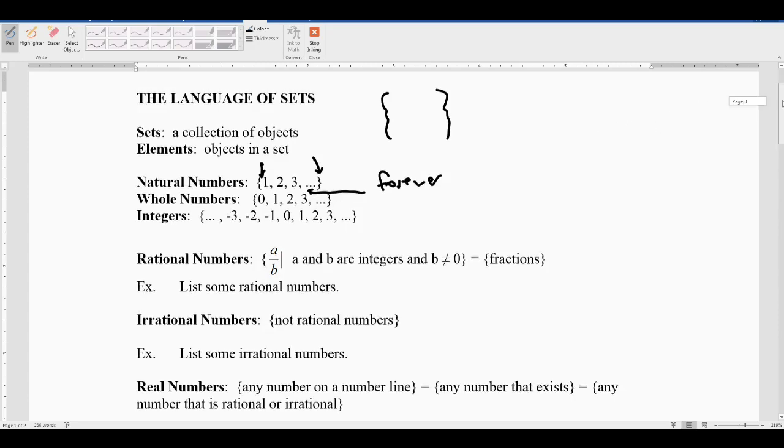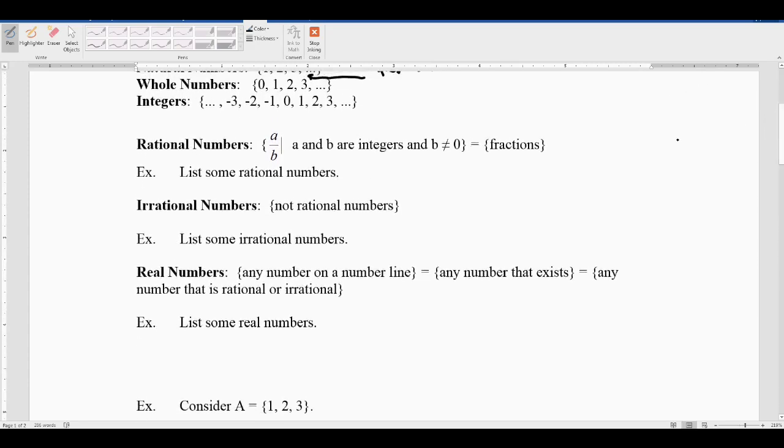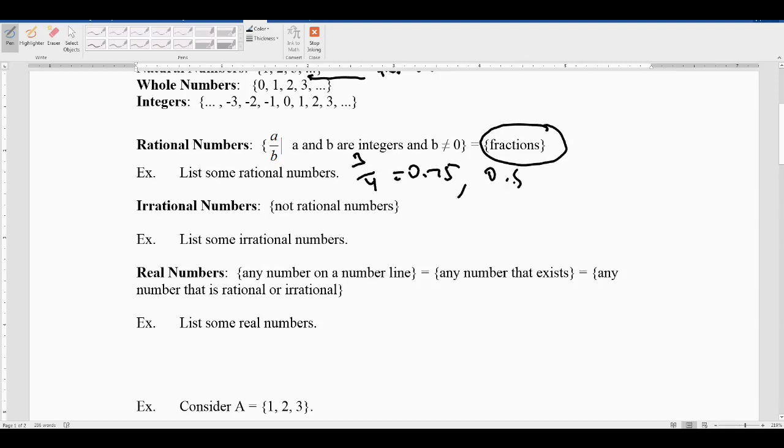Now the rational numbers are nothing more than fractions. And fractions are decimals that end or repeat. So some examples of rational numbers are like 3/4, because 3/4 is the same as 0.75. I could say 0.5 is a rational number because it's the same as 1/2 as a fraction.